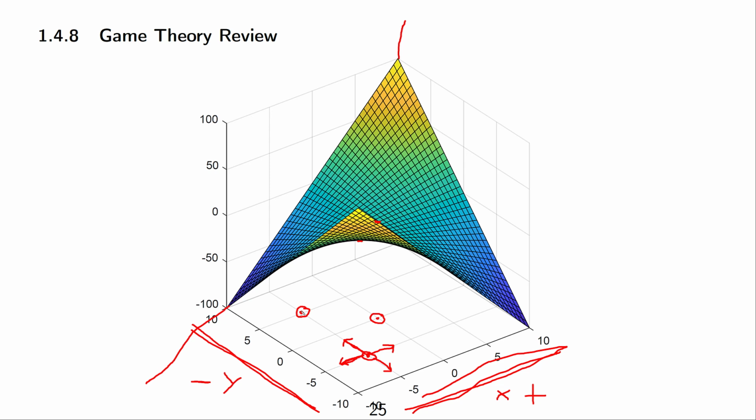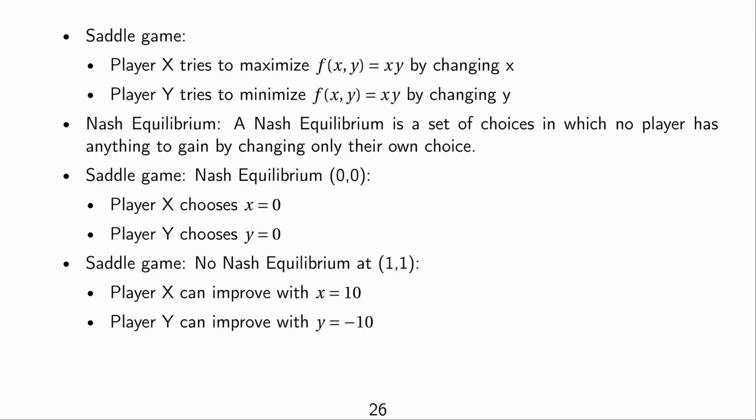The X player wants the score to be larger, so X would like to move in this direction, and again X can only control the X coordinate, and Y would like the score to be smaller, so Y would move in this direction. And again, no other points are Nash equilibria, only the 0, 0 point is a Nash equilibrium.